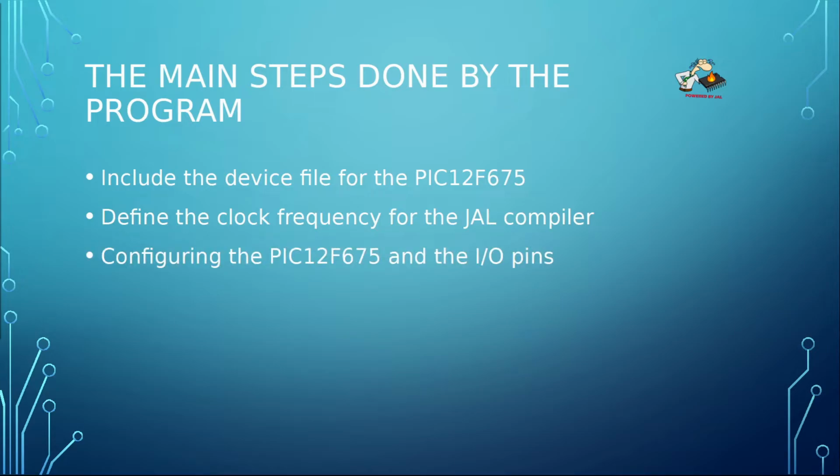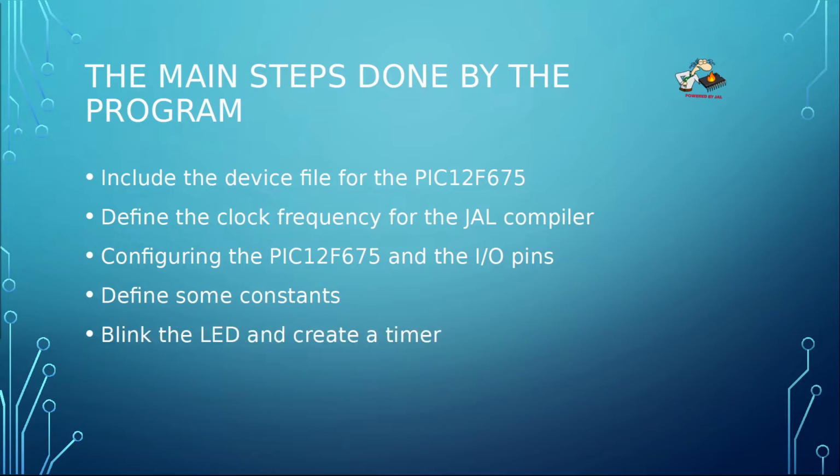Then you need to configure the PIC microcontroller and its I/O pins. Then some constants are defined that are used in the program to make it easier to maintain. Then it will blink the LEDs and it will create the timer, of course. And in the end it will put the PIC into standby mode, because it's battery powered and you want to extend the lifetime of the battery. And in standby mode the PIC hardly uses any current.